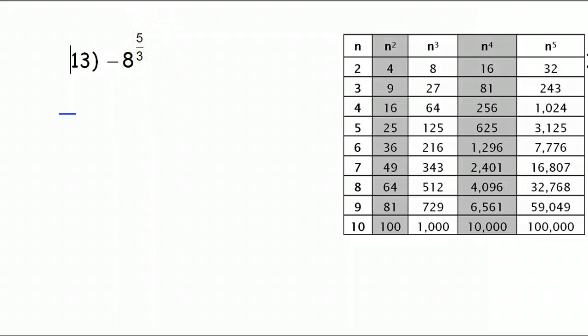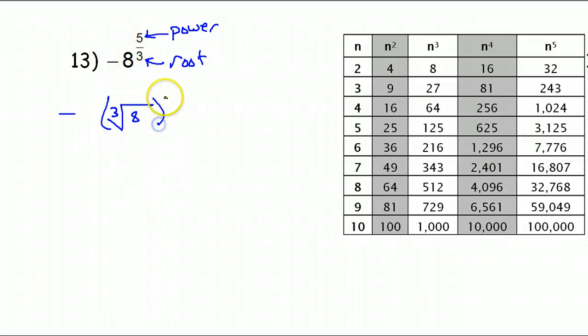Remember that this is the power, the exponent, and this is the root. So third root. So that means I'm going to be doing this. The third root of 8, and then all of that raised to the 5th power.